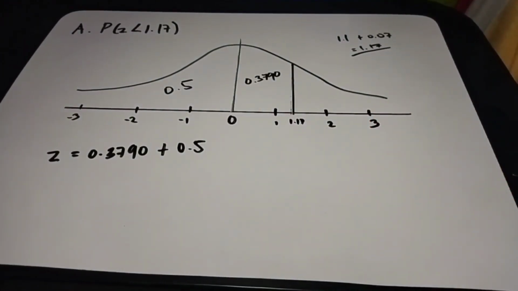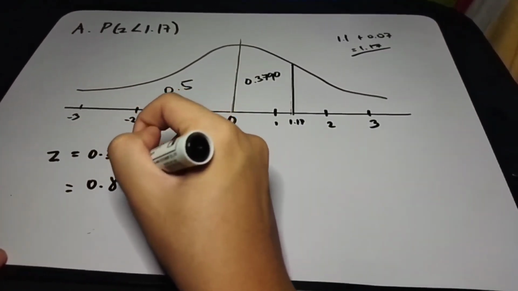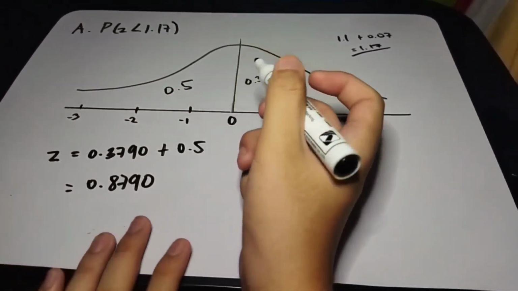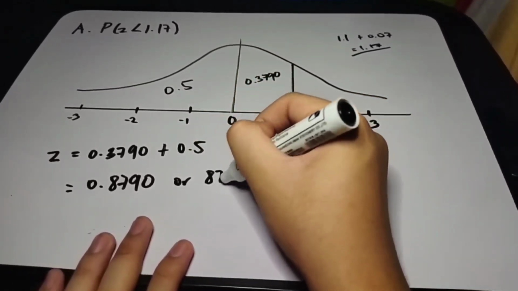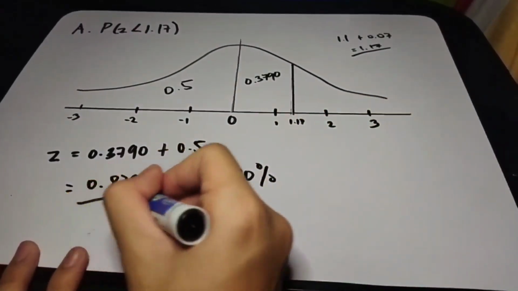So, we need to add it to our probability. The total will be 0.8790 or 87.90%. So, this is now our answer.